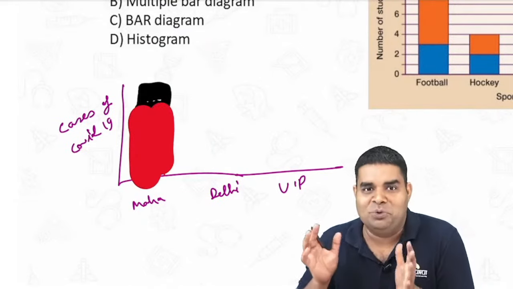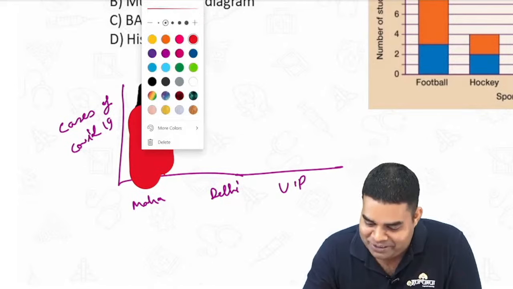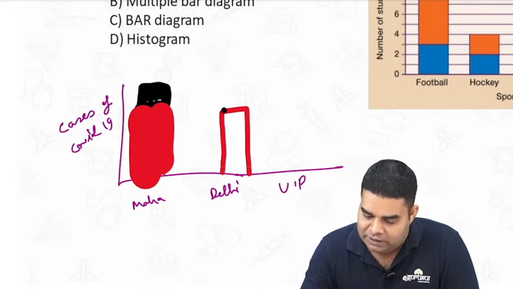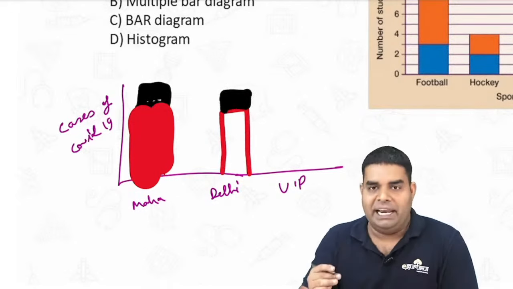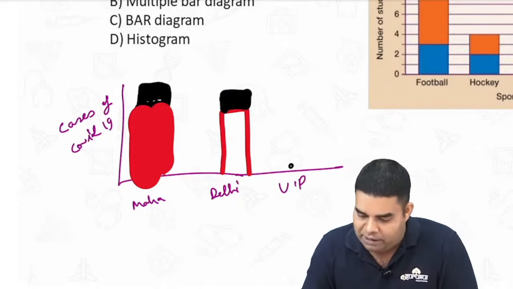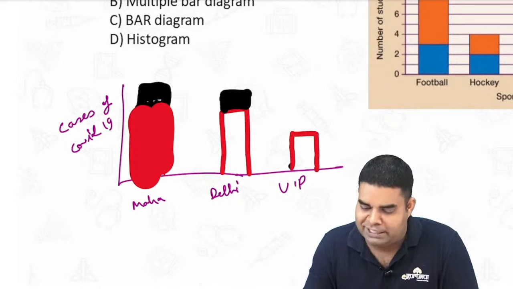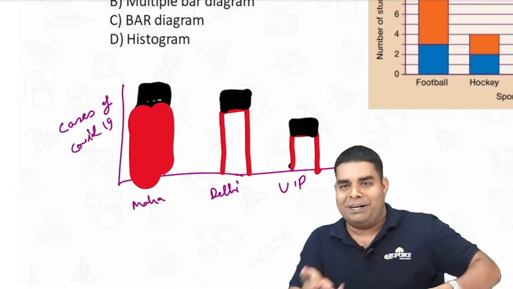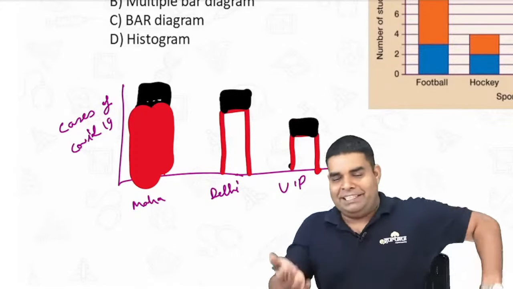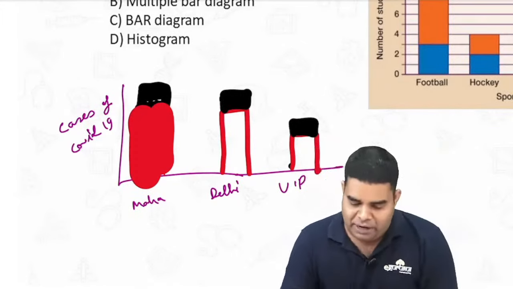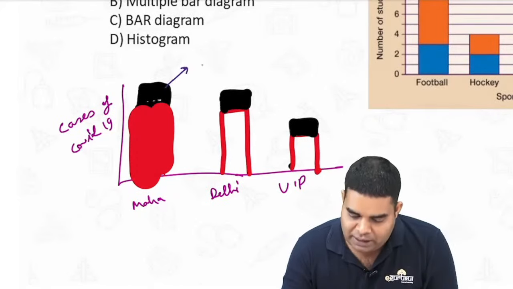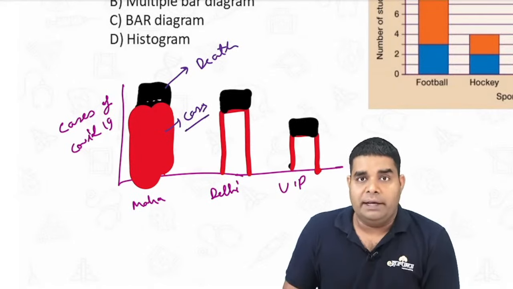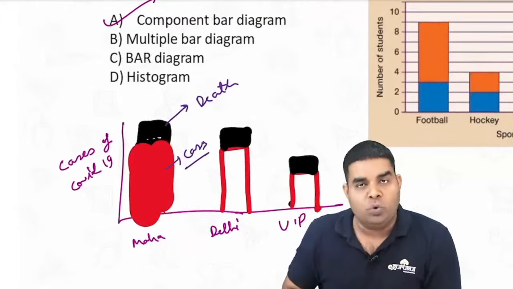Sorry, it became too thick, but anyway, let's make a better diagram here for Delhi: a bit fewer cases and a bit fewer deaths. In UP the reporting is less, so there will be fewer cases and fewer deaths, although it can be more, but the reporting of cases in corona was not adequate. So we are representing deaths by this and cases by this. It is a component bar diagram because it has 2 components.